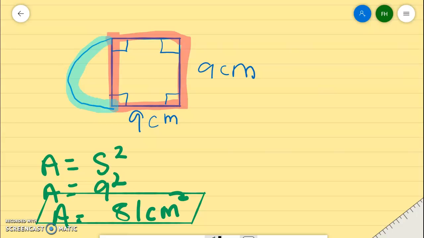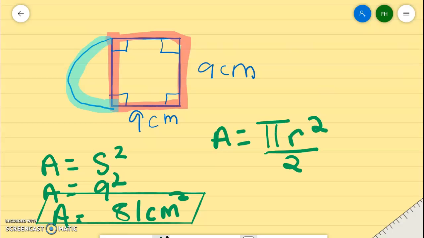Now you have half of a circle. So remember the formula for a circle is pi r squared. But we have half of a circle, so whatever we get, we need to take half of it and divide it by 2. She wants you to use 3.14 for pi.